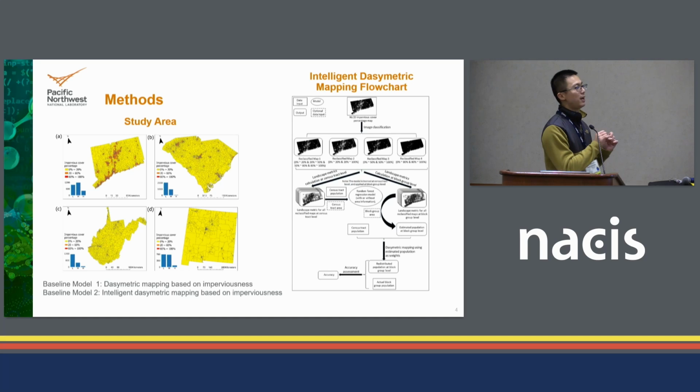The baseline model 2 is intelligent Dasymetric mapping based on the imperviousness. The imperviousness value goes first into the random forest regression model and produces the predicted population at the block group level. The predicted value then serves as the population redistribution weight to further downscale the population.